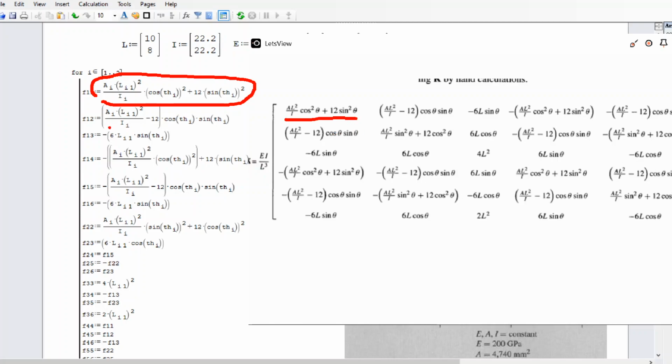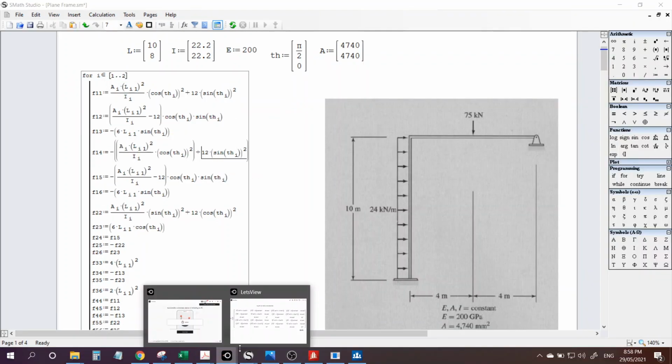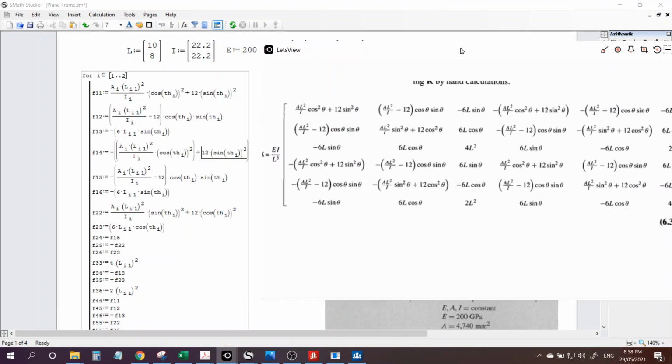K12 is AL squared over I minus 12, cosine theta sine theta. K13 is negative 6L sine theta. K14 is negative AL squared over I plus 12 sine theta. I think there's a square here. There, okay, there's a square.